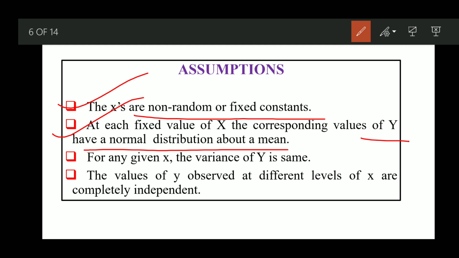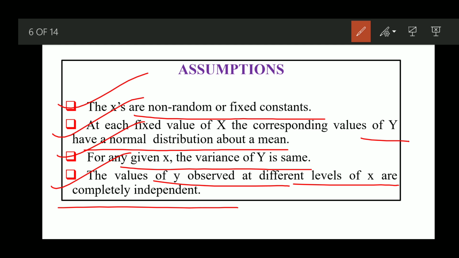Third, for any given x, the variance of y is the same. Fourth, the values of y observed at different levels of x are completely independent. No matter at which level of x you are observing y, the values of y are completely independent of the level of x.